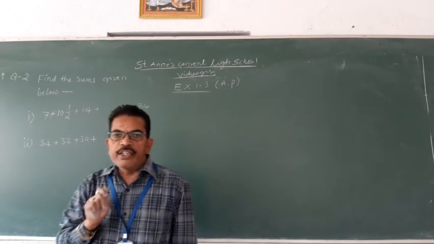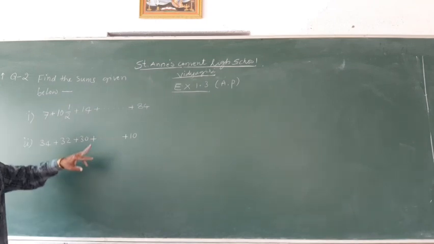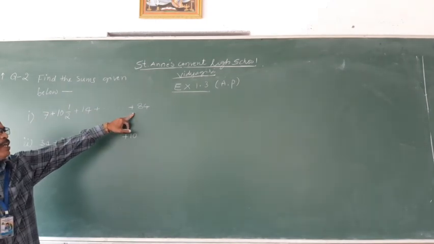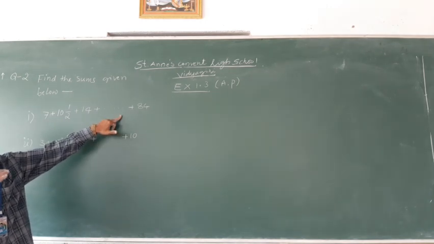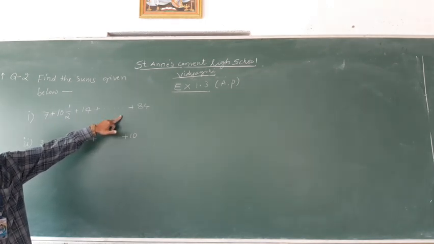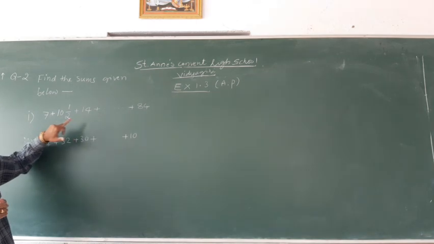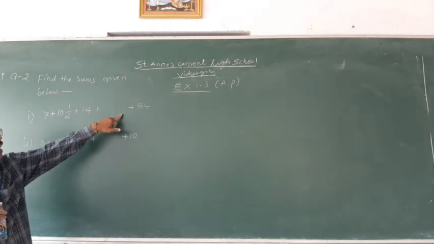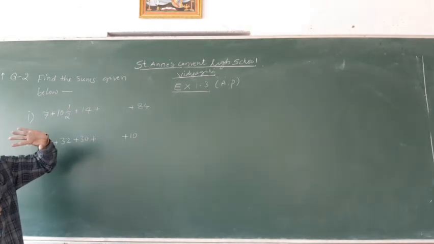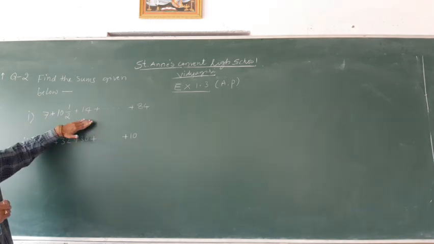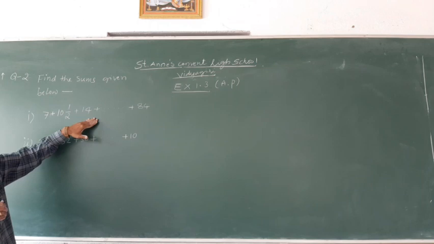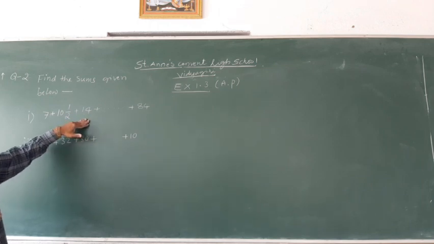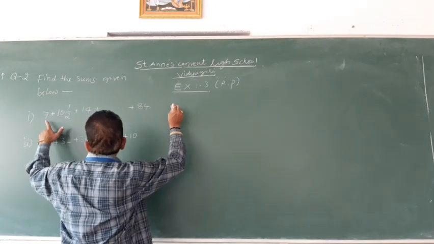In the previous question, the last term was not given in this format, plus 84. Simply they gave up to 10 terms, up to 8 terms like that. But here the last term an is given, an equals 84. Now we have to find the number of terms as well as the sum to n terms. So I will give the solution of this problem.